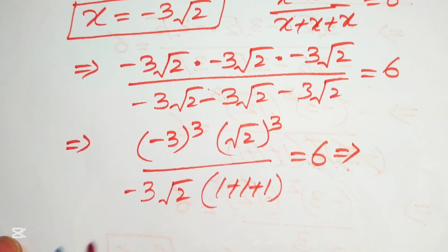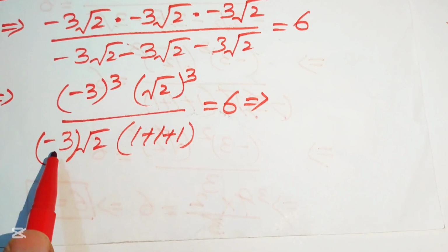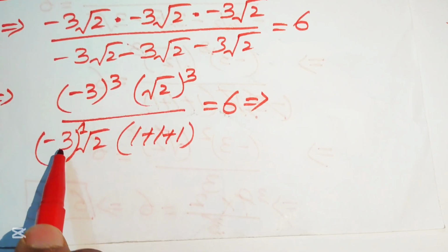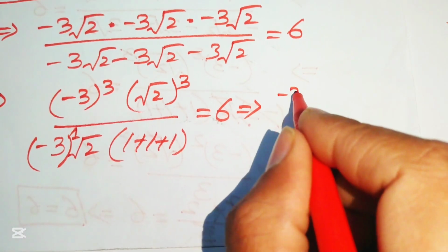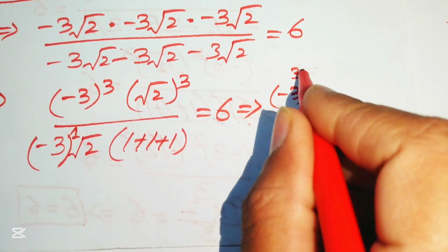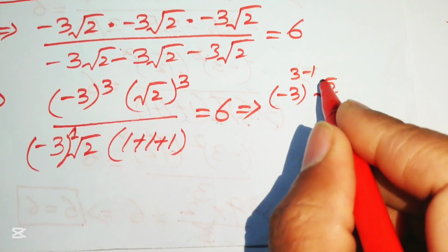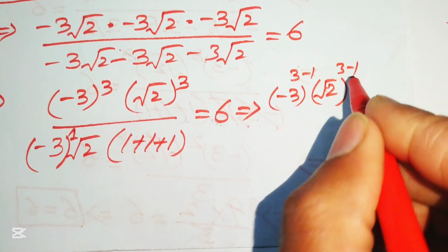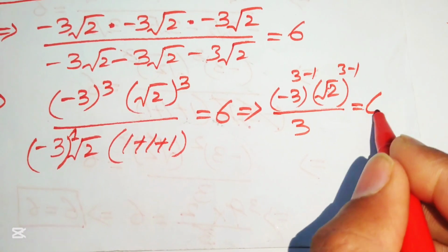So you see that the exponent of this minus 3 is 1 and this is 3. So we apply the exponential law, we write it as minus 3 to the power of 3 minus 1. Similarly we write square root of 2 to the power 3 minus 1, divided by 1 plus 1 plus 1 is 3, equals 6.